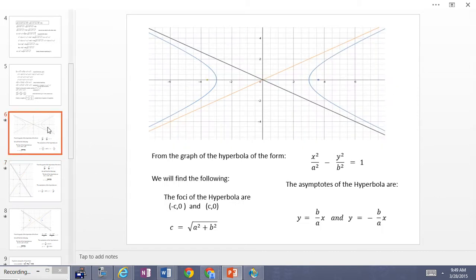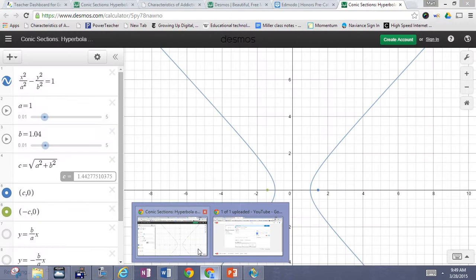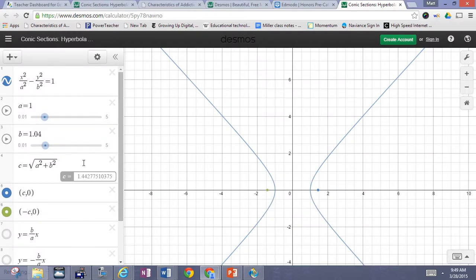Now let's look at this. I've put along with this video the link to the Desmos file. There are three varying Desmos files. This is the Desmos file which opens left and right. I think I called it Hyperbolas X. One thing for sure, again, there's no requirement that a be larger than b.